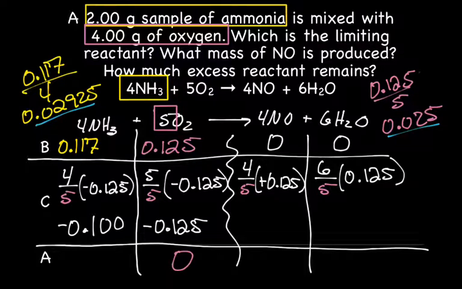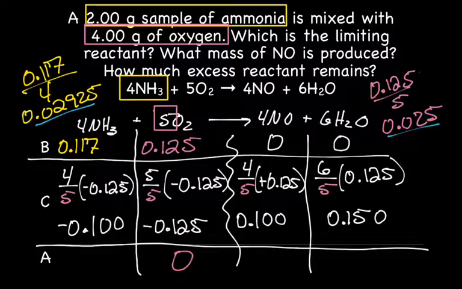And again, my calculator told me it was 0.1, positive this time, but we need 3 sig figs. And for water, we're going to multiply 6 over 5 by 0.125, and my calculator said 0.15. But again, we need to add a 0 in there for 3 sig figs.